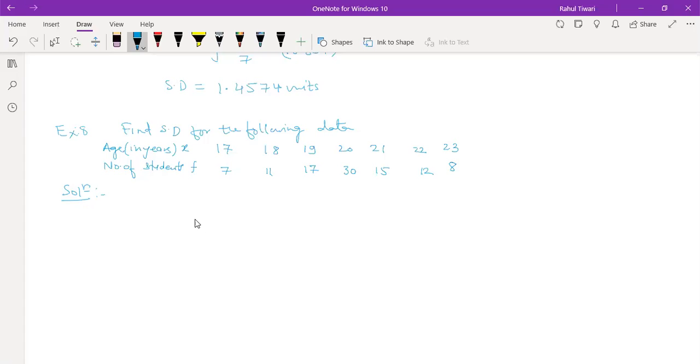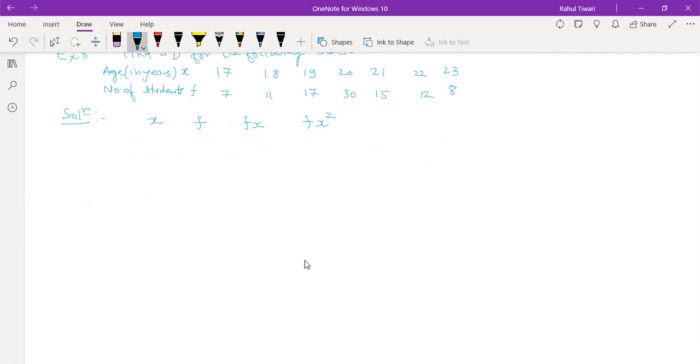You are given x here, write down x, and you are given f here. We need to obtain fx and f x square, and then take the summation of that. Based on that you'll get x bar. I'll leave some space for this, you can fill these entries.